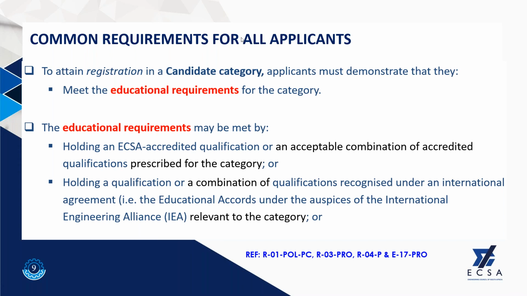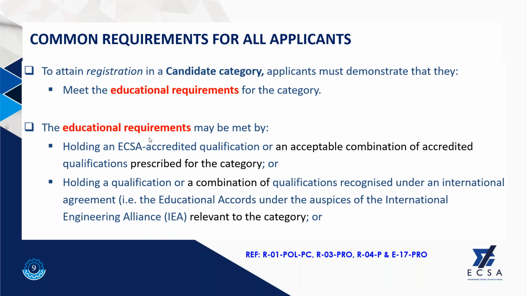These are just common requirements for all the applicants. To attain registration in a candidate category, applicants must demonstrate that they meet the educational requirements for the category. Like I said, ECSA has a department specially that deals with qualifications. So they will be responsible for that.